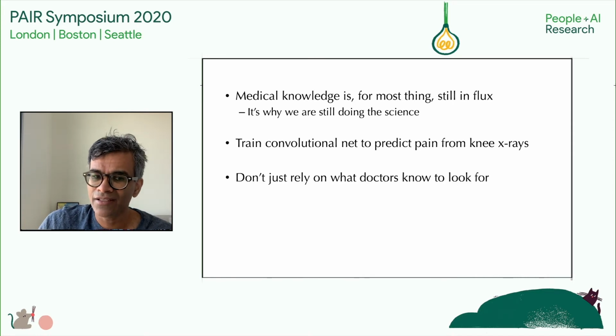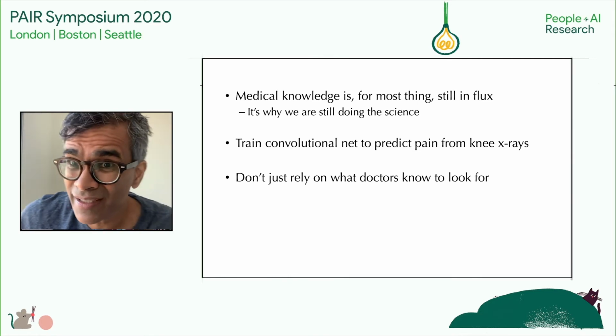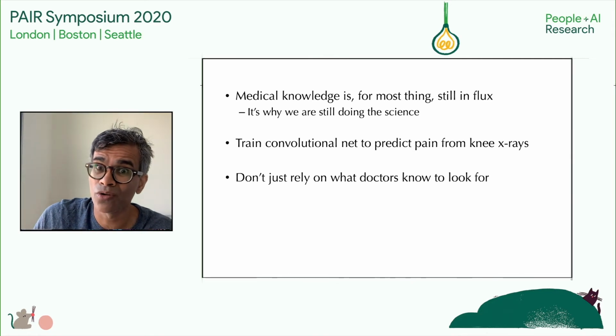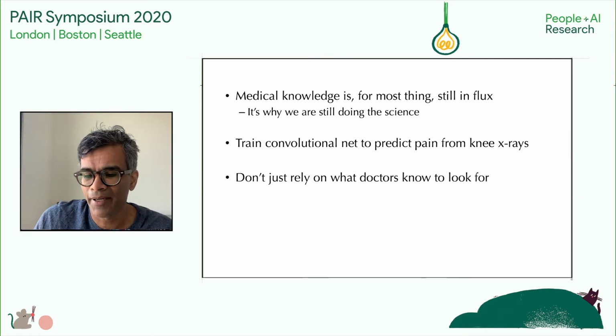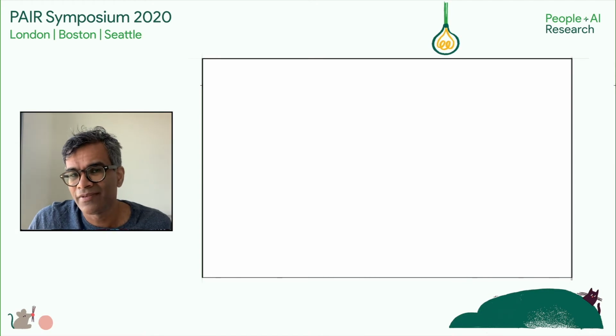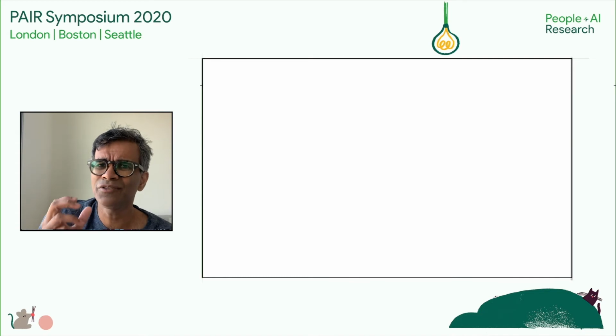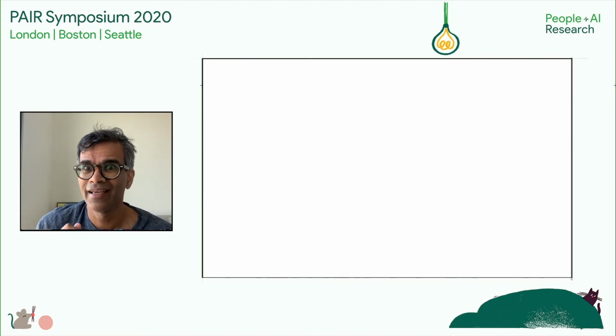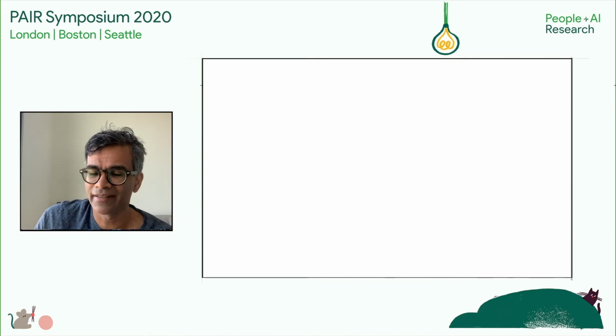In fact, rather than relying on what doctors know to look for, let's ask an algorithm to look and see, is there some physiological correlate that you see in the knee about this? So ironically, what we're using here is a machine learning algorithm to listen to what the patients are telling us, my knee hurts, and try to isolate if there's something in the x-ray.